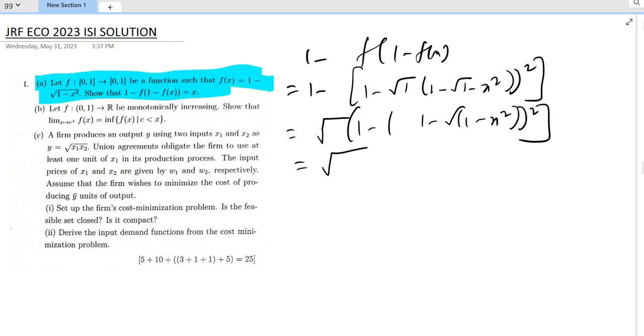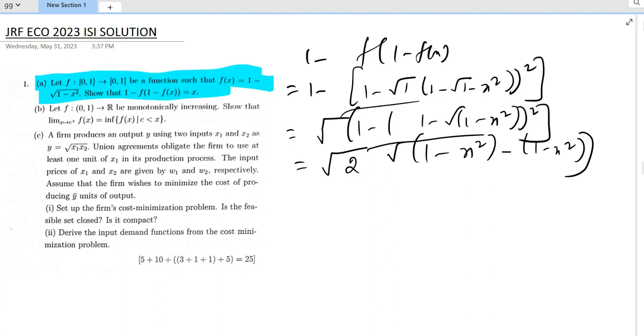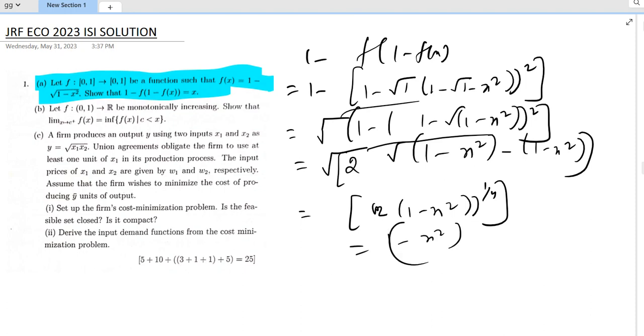Now we have this 2 root over 1 minus x square. The very next step, this will be root 2, so this 2 comes out, so 2 times 1 minus x square whole to the power 1 by 4 we can get. Finally, 1 minus x square whole to the power 1 by 4.